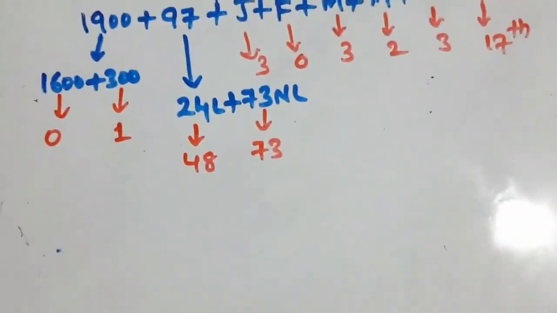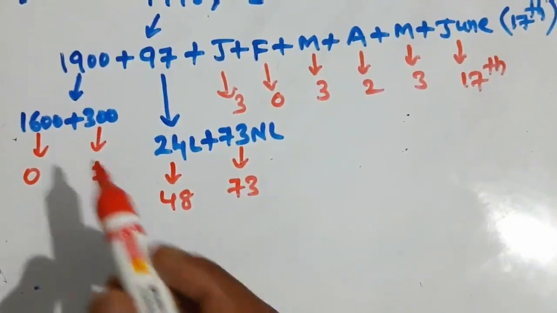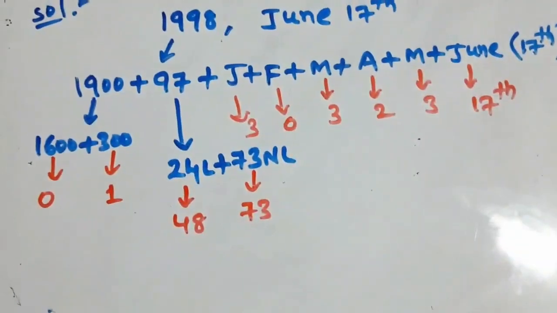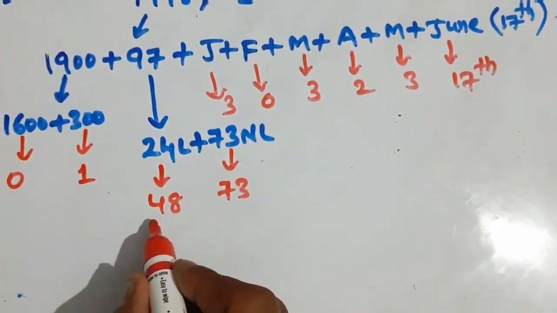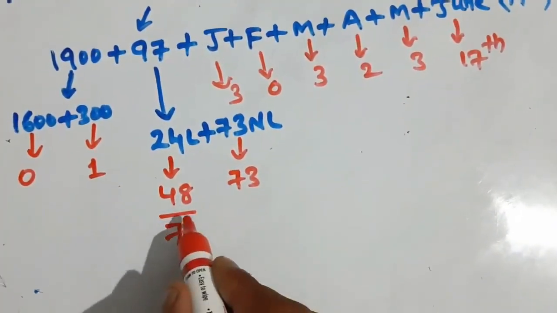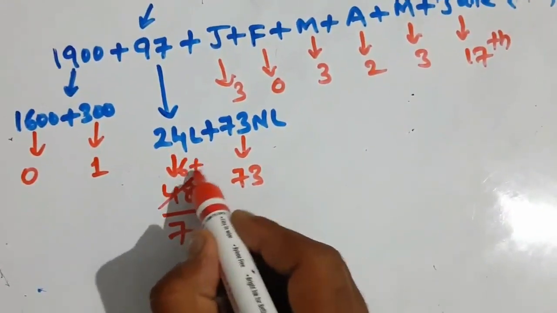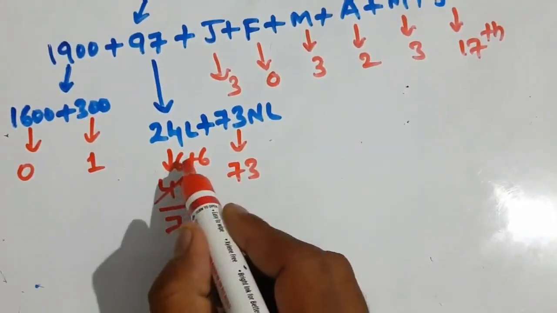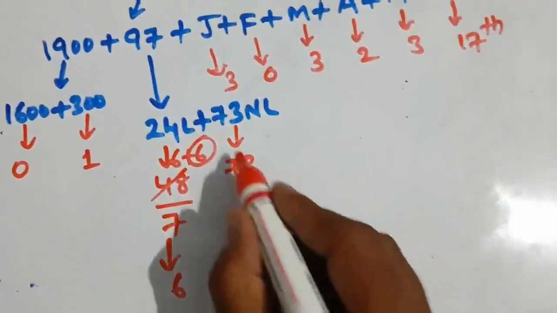Now again, I can add all the odd days and divide by 7. One more way is I will simplify here itself. 48, if I divide by 7, I get remainder 6; 7 6s are 42, 6 is the remainder, so 6 odd days.